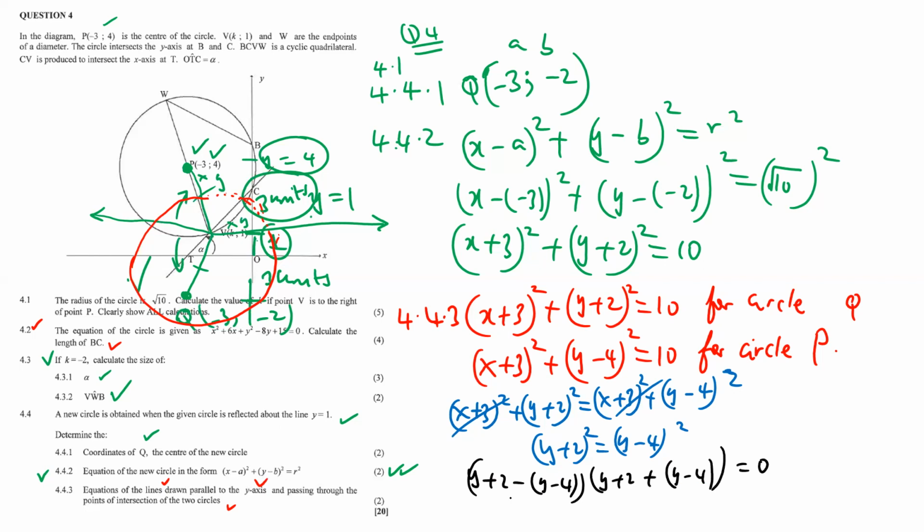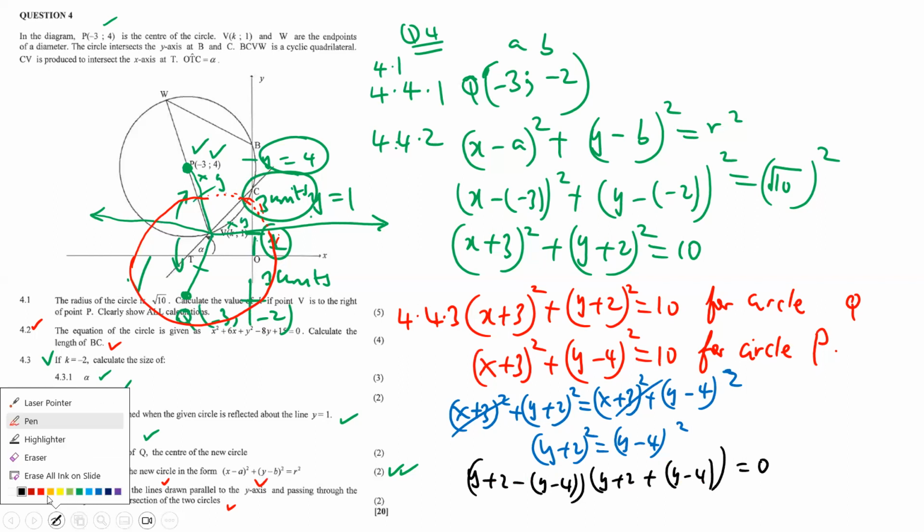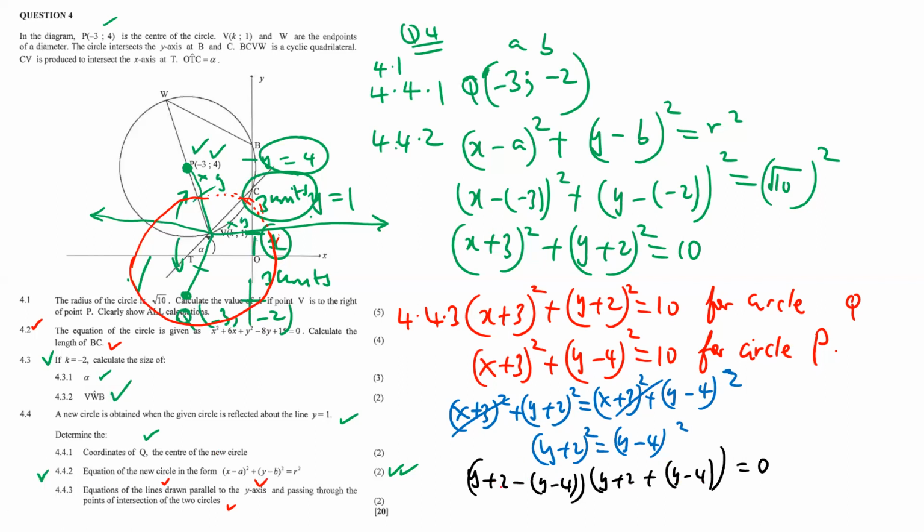So now you have the first factor, y minus y, and you're left with 2 minus 4, which is minus 2, times the second factor 2y minus 2, equals 0. So y is 1.